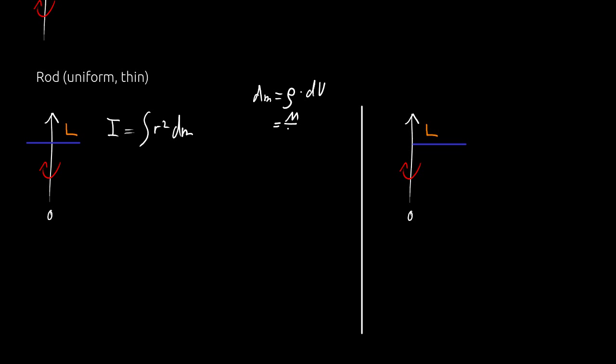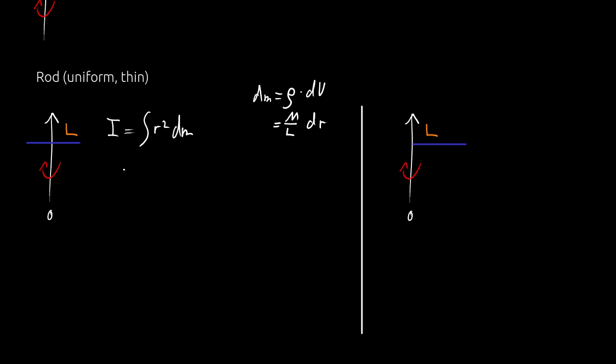It's mass per length, M over L, because it's only a one-dimensional object, and dV is just dr, one tiny piece of the length of the rod, and we call this the current radius.